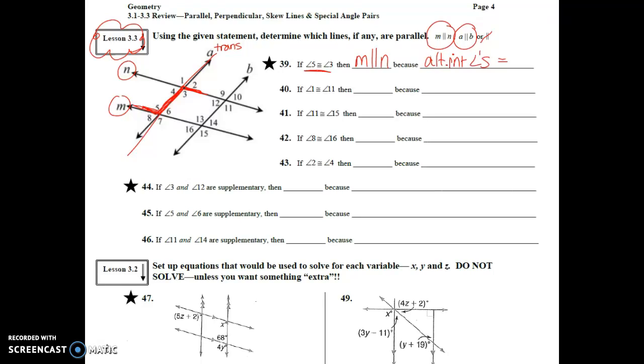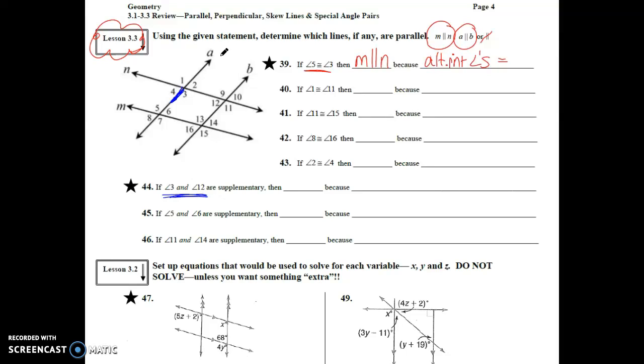If you have trouble, go through and erase a little bit to make sure that you have good understanding here. I am going to go now and do question 44. It says 3 and 12 are supplementary.